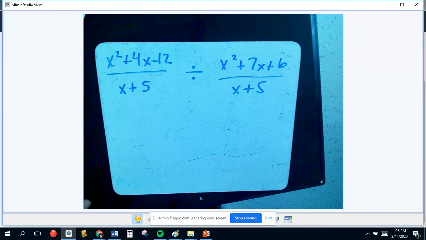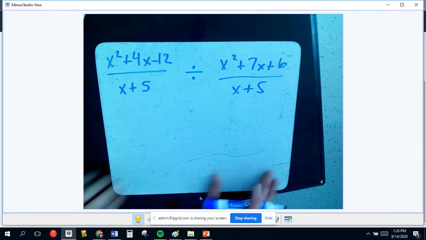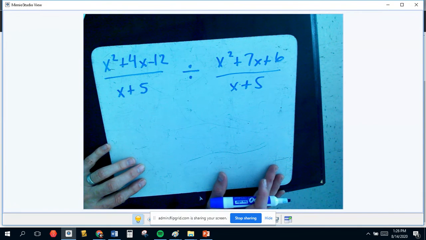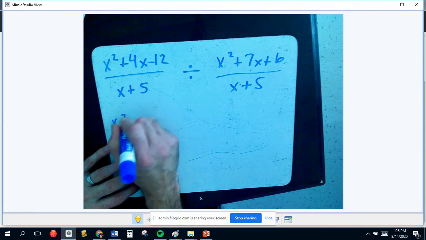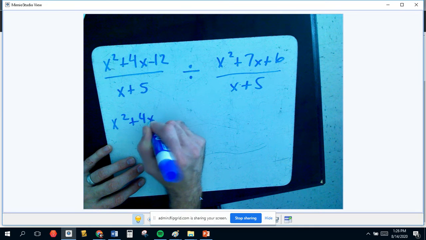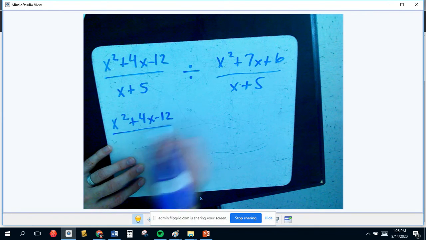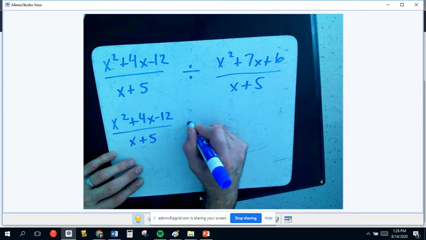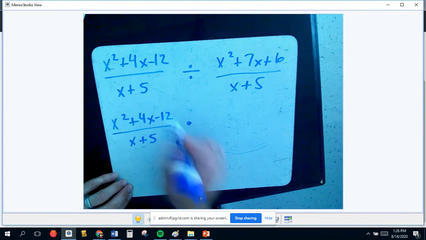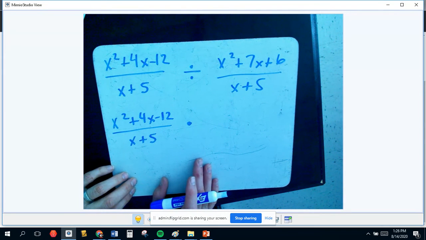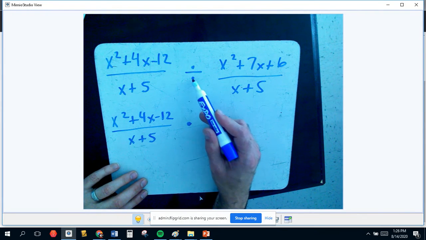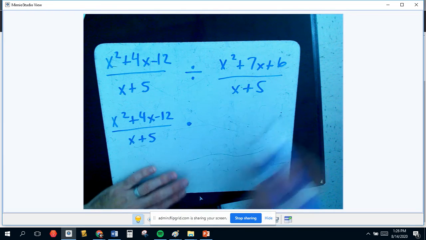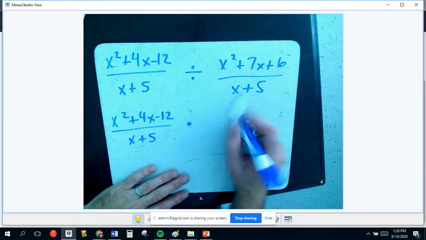Division in mathematics is the inverse operation of multiplication. That is, to divide is the same thing as to multiply by the inverse. That sounds real fancy, but with fractions, to flip a fraction is to provide its inverse. So what I can do is the proverbial keep the first rational expression exactly as you see it, change division to multiplication, and flip the second one.